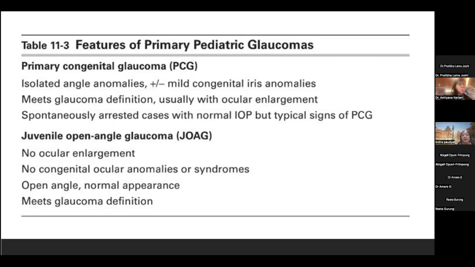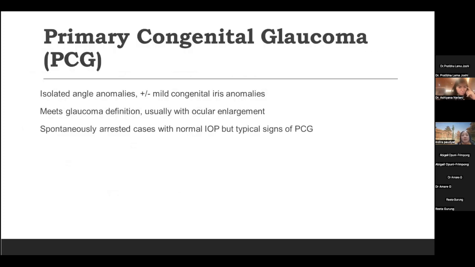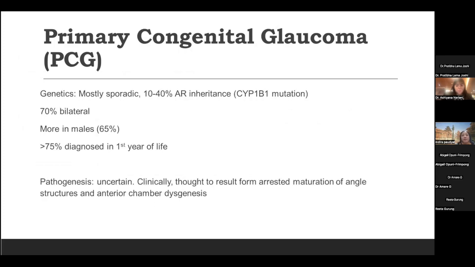In juvenile open angle glaucoma, there may not be any congenital anomalies or syndromes, the angle is open with normal appearance, and it meets the glaucoma definition.